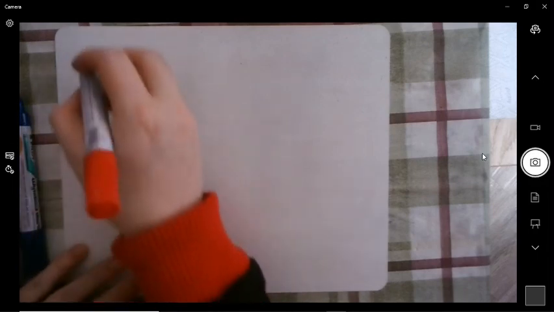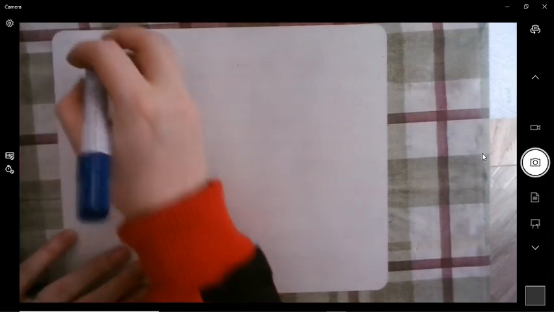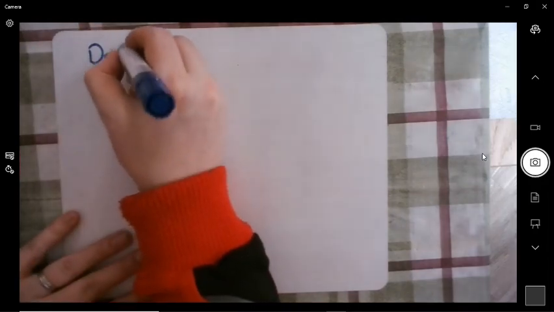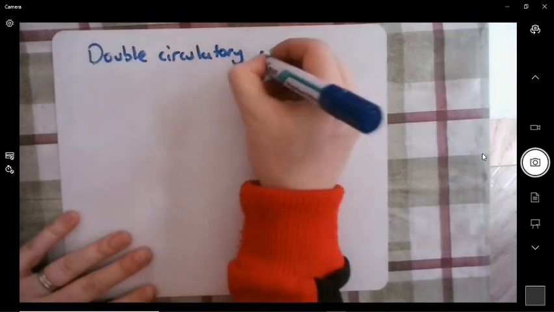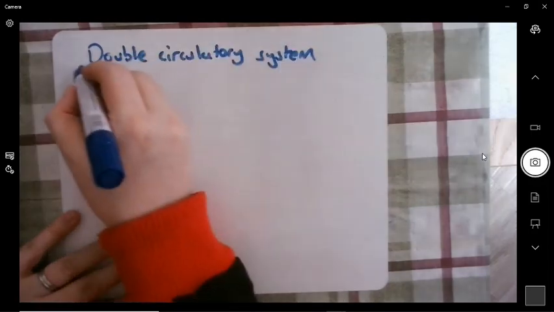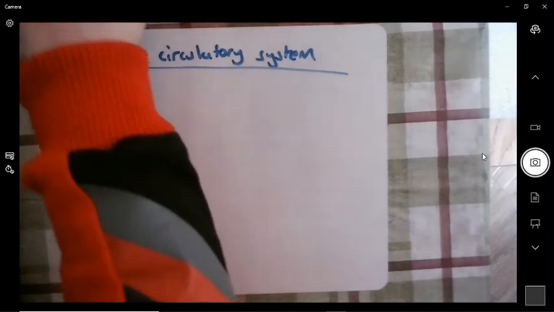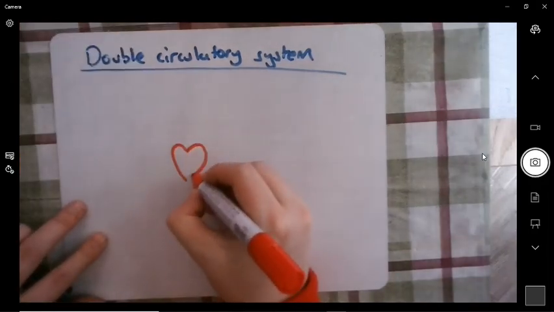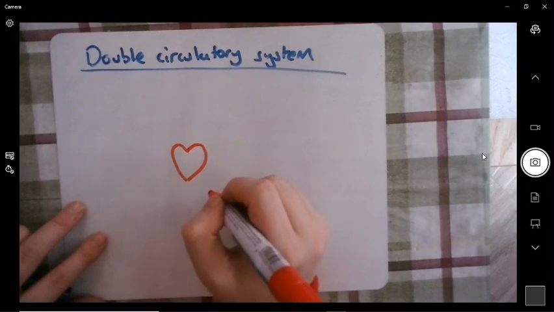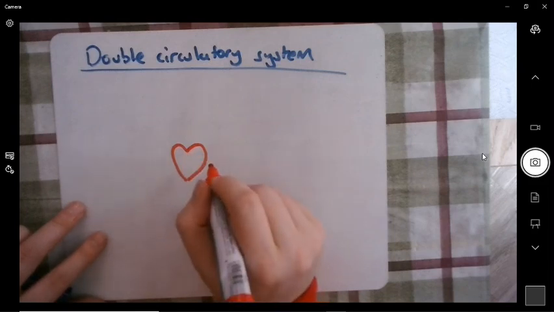I think that's going to be the bigger idea to understand here. So mammals have a double circulatory system. And what that means is, every time the blood goes around the body in one whole circuit, it flows through the heart twice.